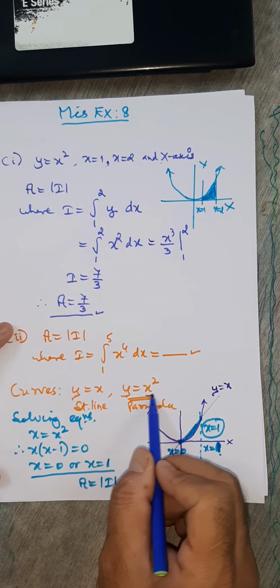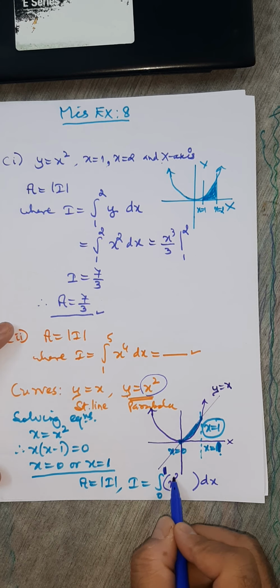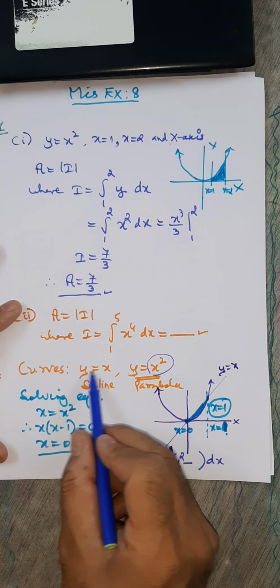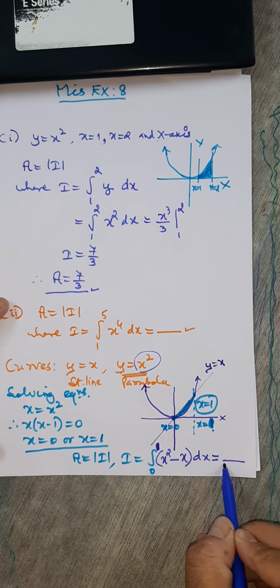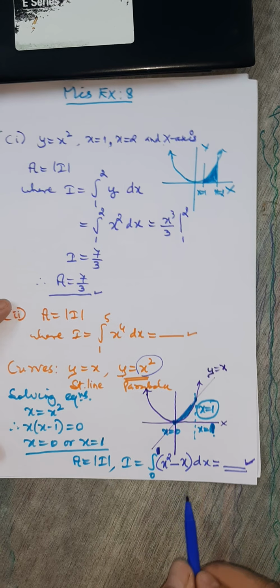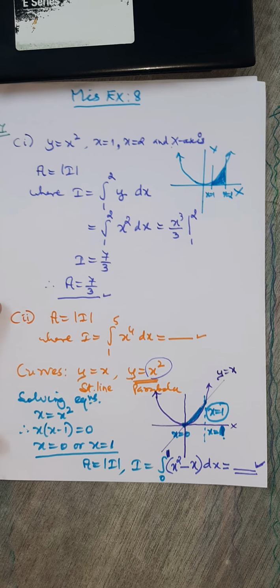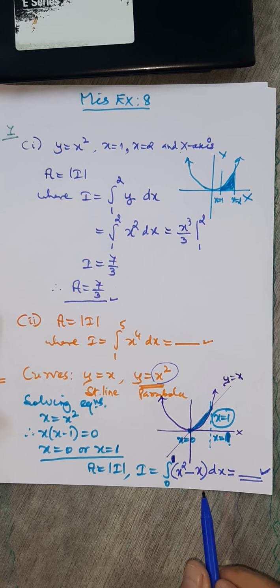One function means y, so you can write x square, minus the other function, that is again y dx, remember. Now integrate it and simplify, so we'll get the required answer. Just question of simple integration. Fine, I hope this you can do. This is very well known standard question.